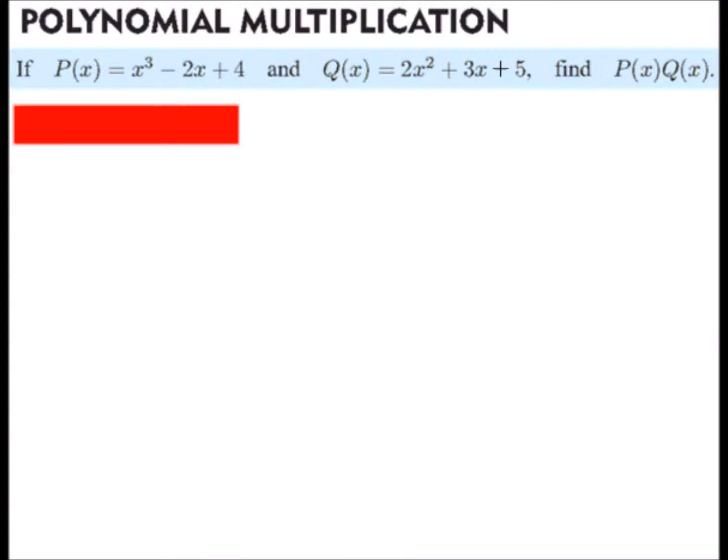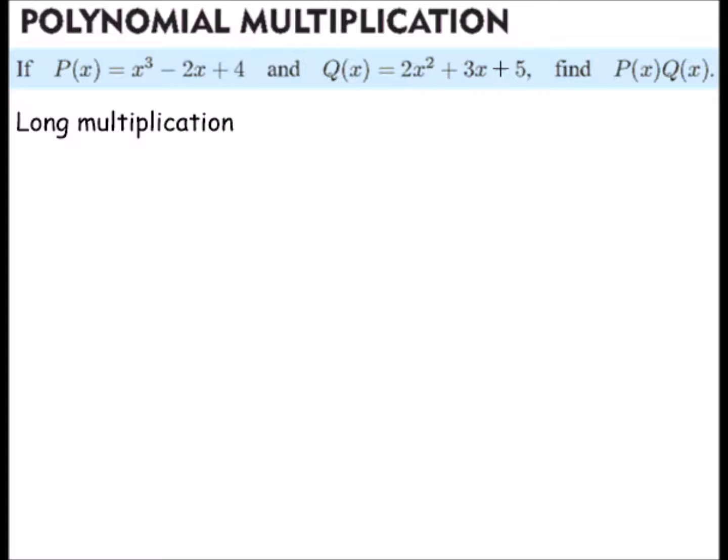A second way of performing this multiplication is to use long multiplication. In this case, we'll set it up with one polynomial above the other, but when we write these polynomials above each other, we must make sure the place value appears.